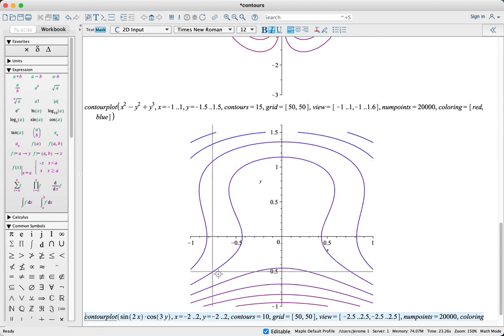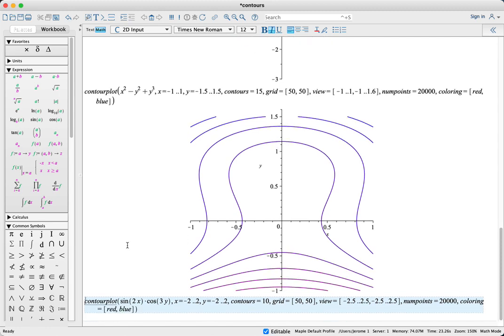And again, these are not equations that will be easily plotted by hand, and that's why software like Maple is really useful. So let's see our final one. I took the sine of 2x times the cosine of 3y, and that's being treated as the z value.